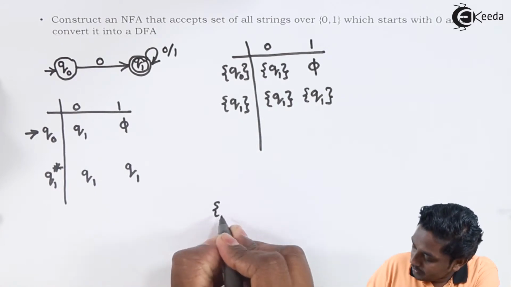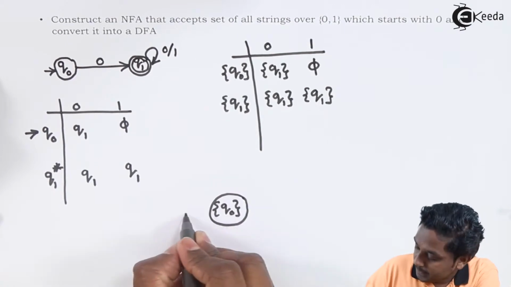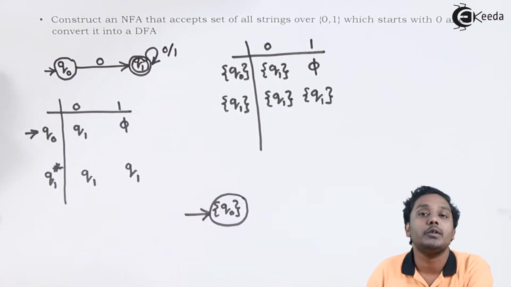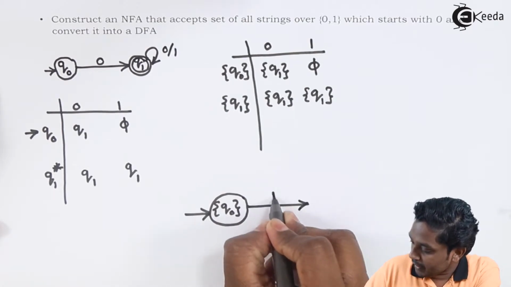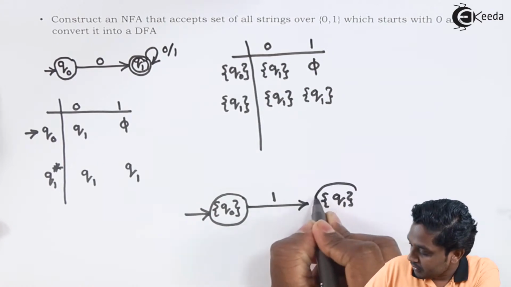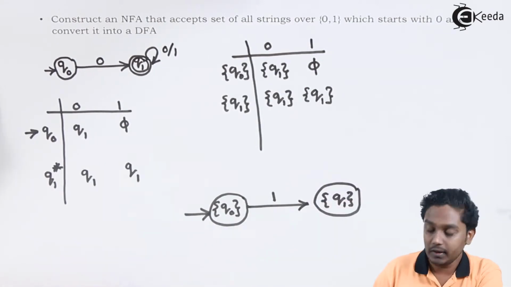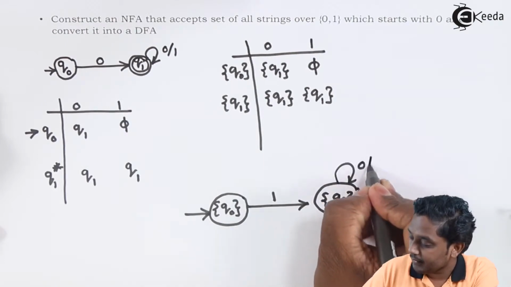So we start with Q0. This is our initial state for the given DFA. From Q0 on 0, we will go to a new state called Q1. On Q1, we will have transitions to Q1 on both 0 and 1.